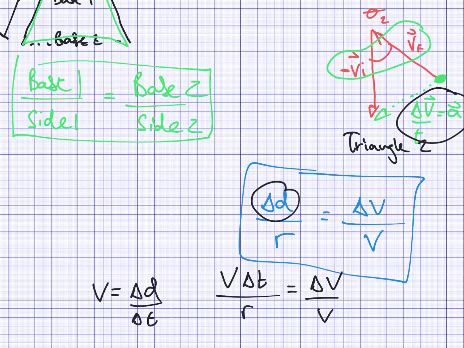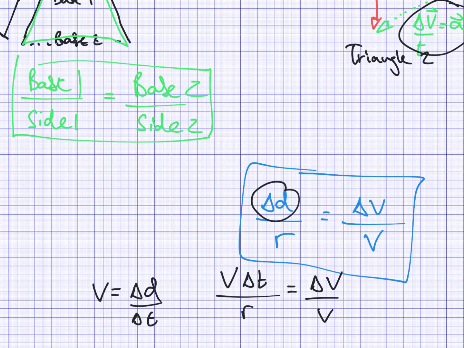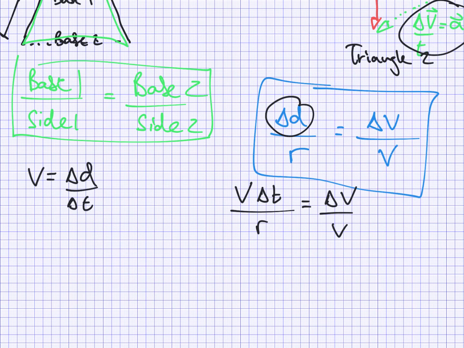Let's just move everything out of the way here. Move this up. Do some rearranging. The other thing to say is that acceleration, of course, is delta V over delta T. So I'm going to try and rearrange this equation to get a delta V over delta T. I've got my delta T here, so I'm going to divide both sides of this equation by delta T to get rid of it on the left and bring it in on the right.